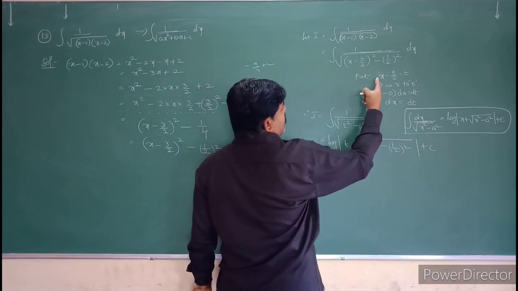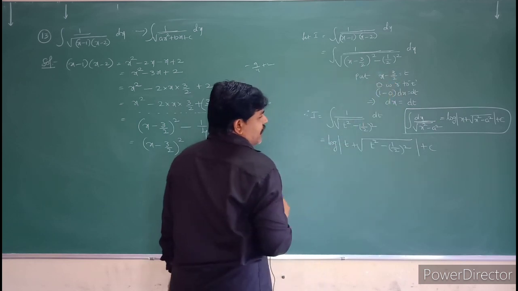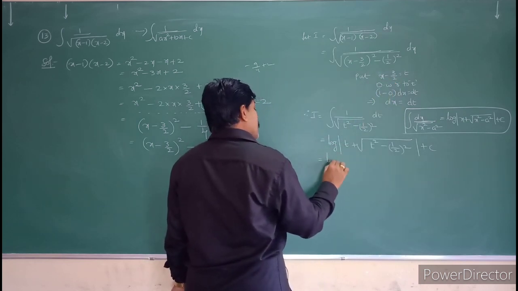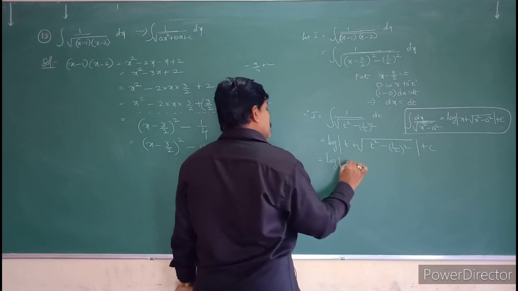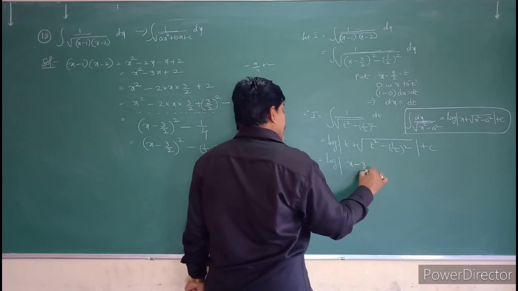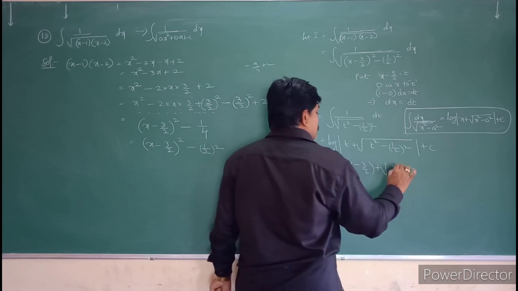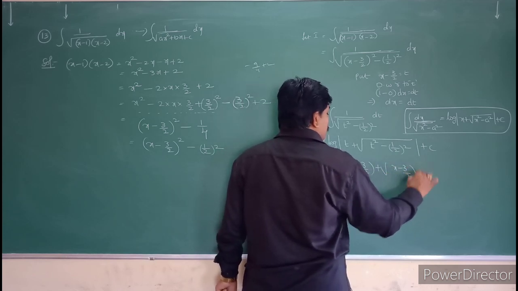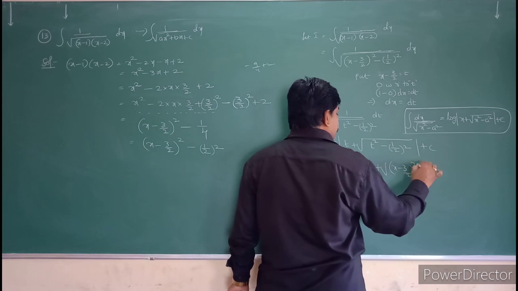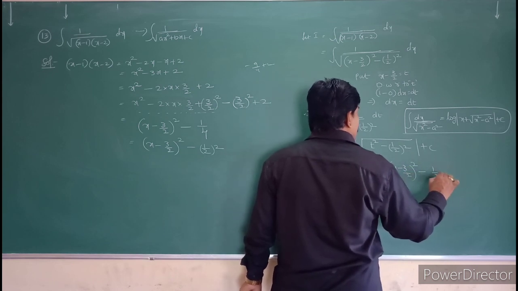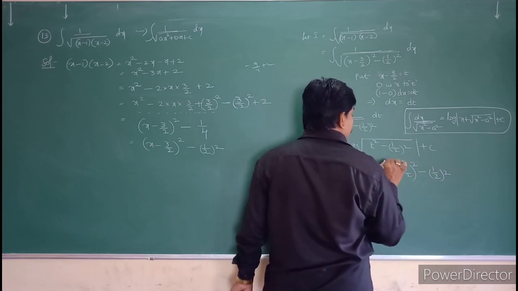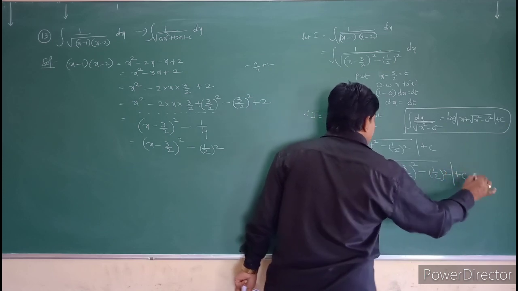What is the t value? The t value is nothing but x minus 3 by 2. So log of mod (x minus 3 by 2) plus root of (x minus 3 by 2) whole square minus (1 by 2) whole square plus c.